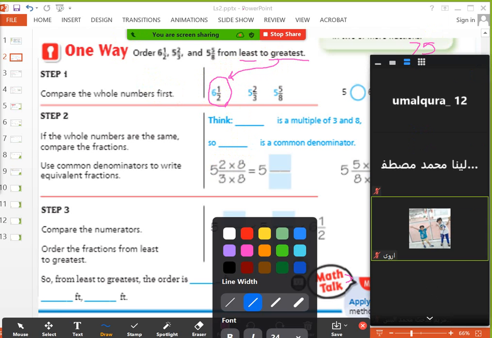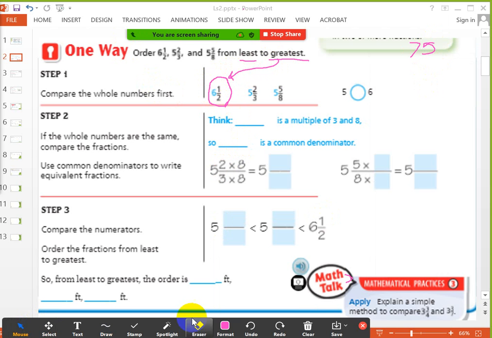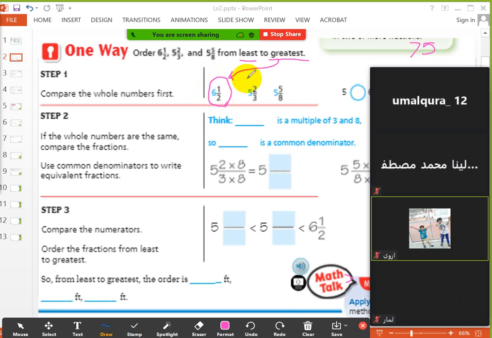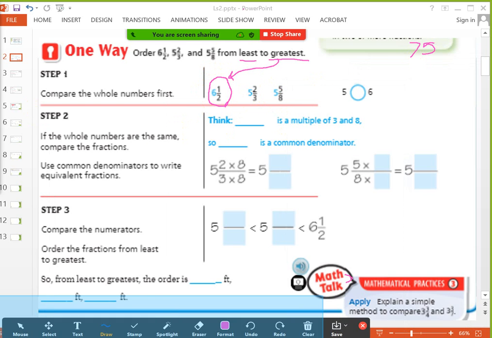From the whole, 6, okay? From the whole, I will know that 6 is greater than 5. So no need here to look at the fractions, okay? So this is the greatest number.